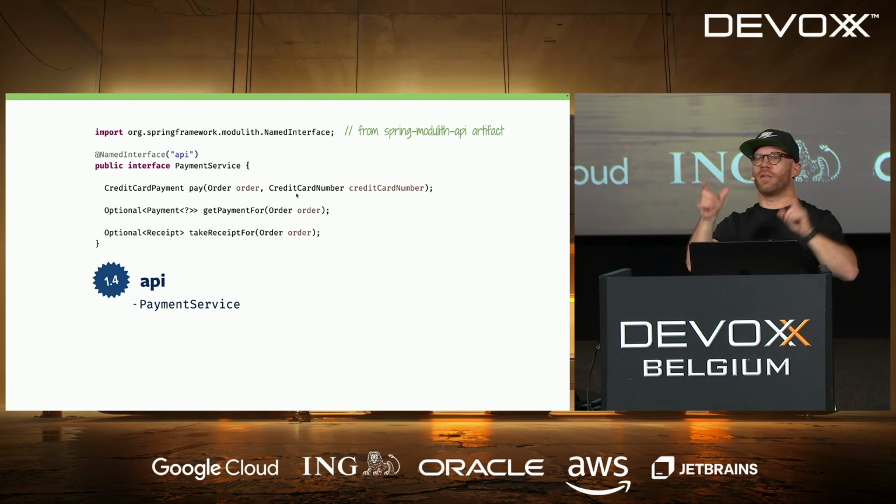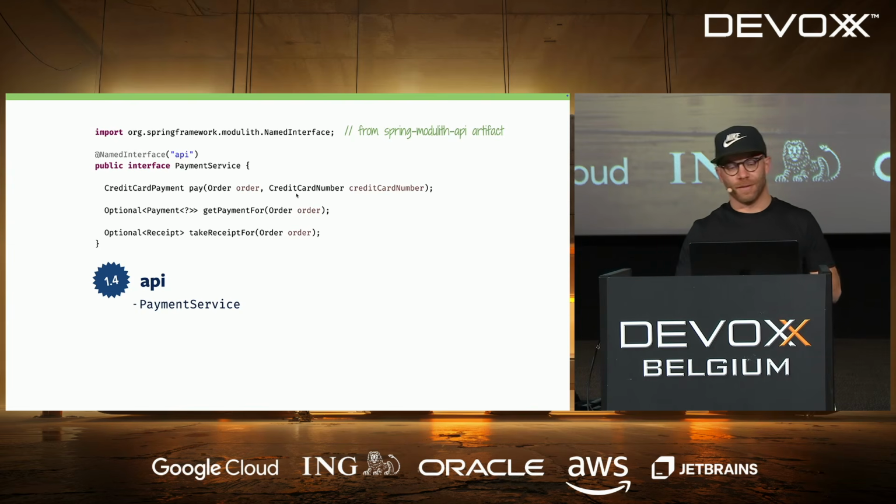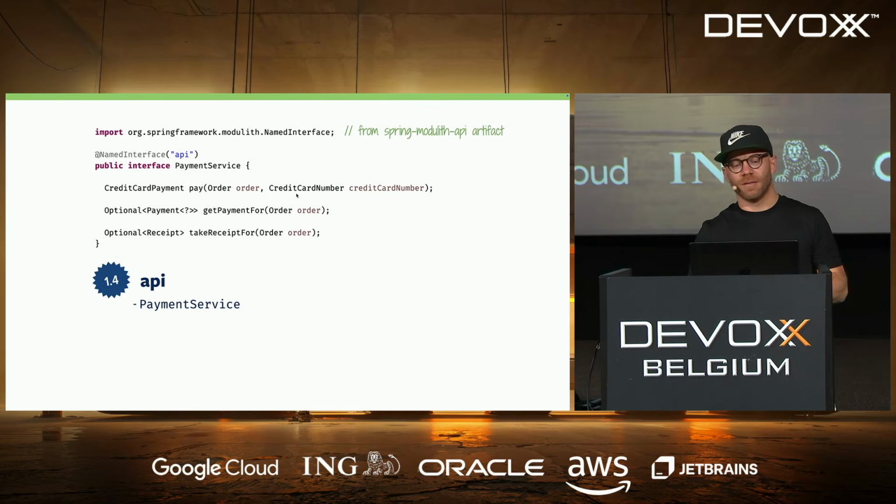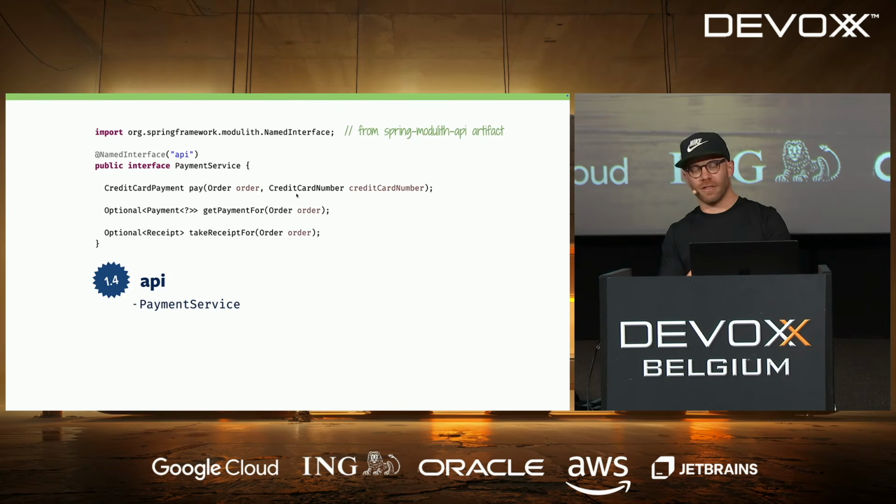So you annotate the types that you want to include into that named interface. However, to achieve what we actually want, which is to use all the types that are declared here, we would have to go and annotate credit card number, order, credit card payment, right?